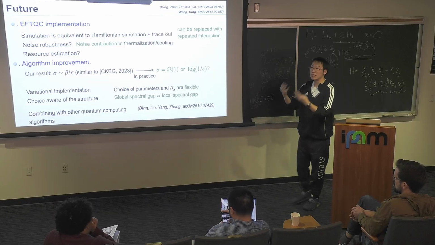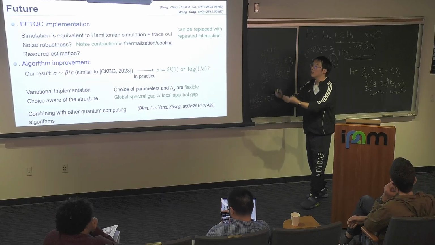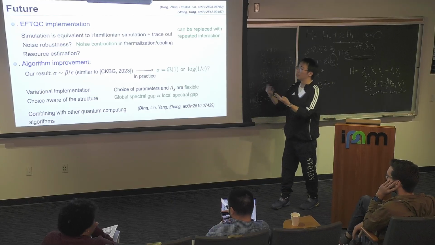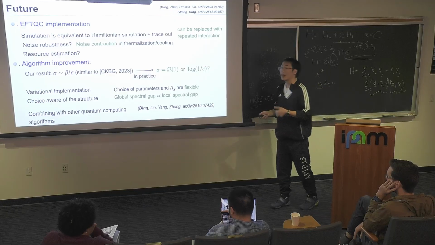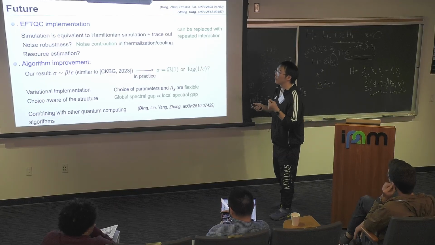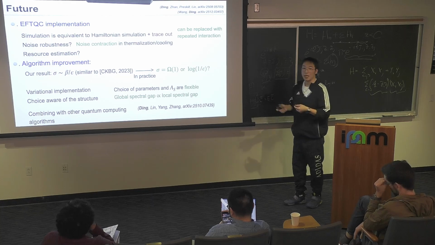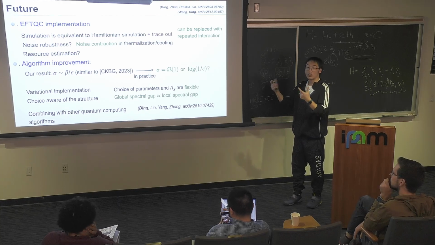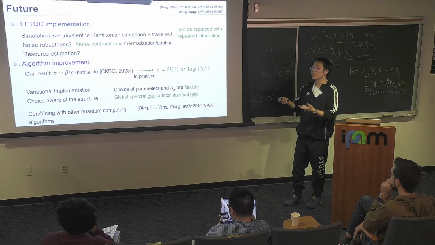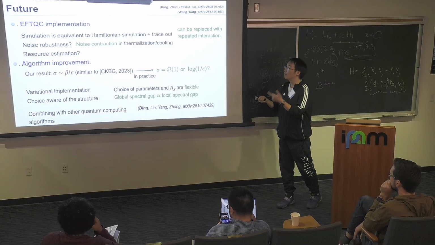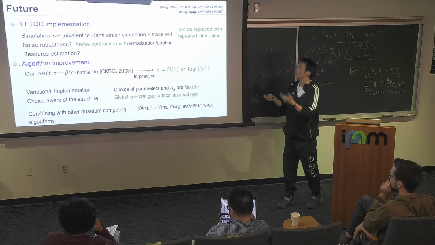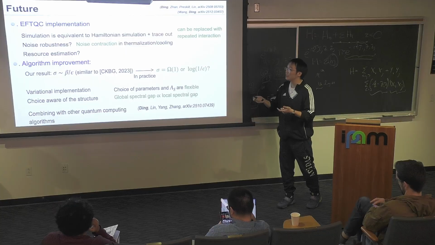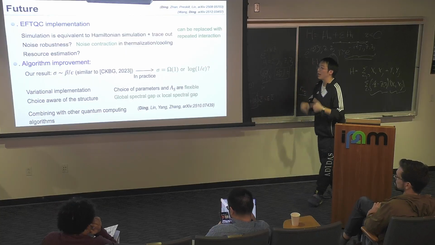So I don't see any difficulty implementing these algorithms on an early fault-tolerant quantum computer. I also believe this algorithm framework can be noise robust because our algorithms depend on a contraction map, and even if you have some noise, this noise will be contracted in the thermalization. I will also be interested to see the resource estimations of my algorithms.